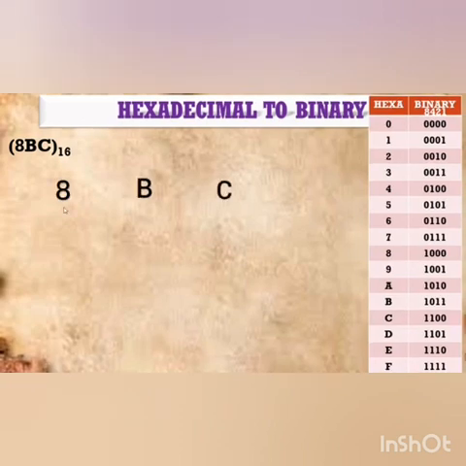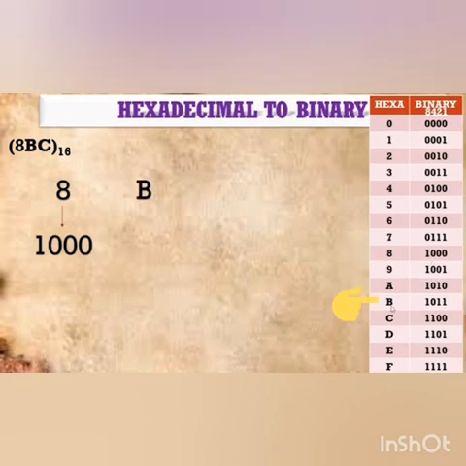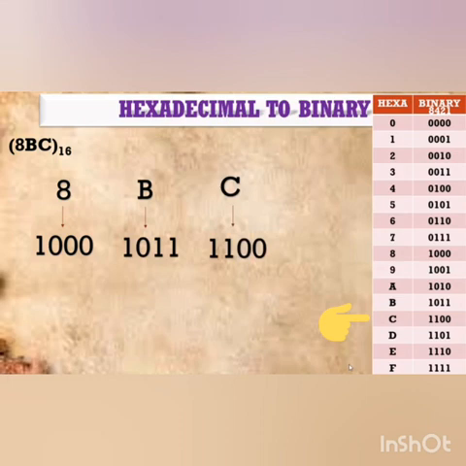So what is the binary value of 8? Right, 1000. The binary value of B is 1011, and the binary value of C is 1100.